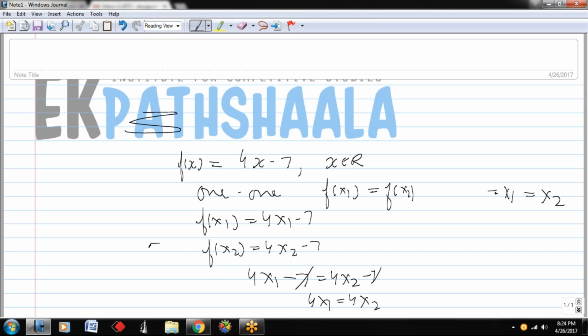So 4x1 equals 4x2. 4 gets cancelled with 4. Hence, you can see that x1 is equals to x2. Is that okay? Yes, sir. Now, therefore, it is 1 1. Clear हो गई? Yes, sir.